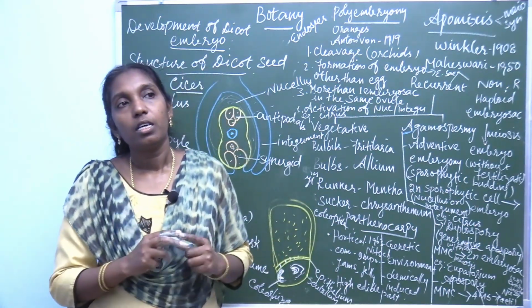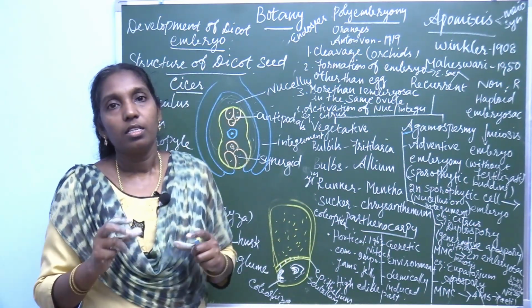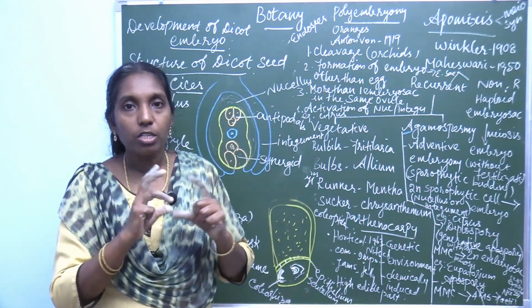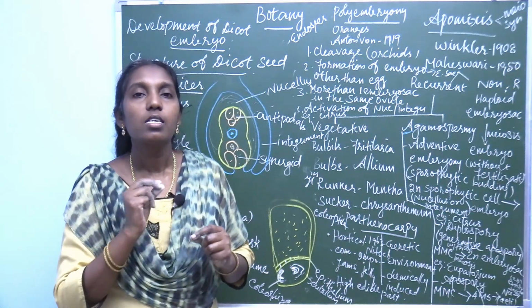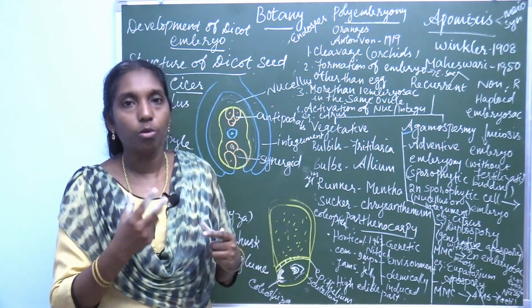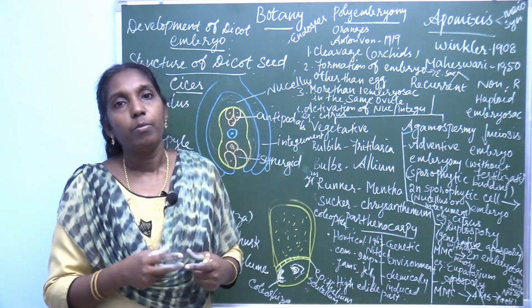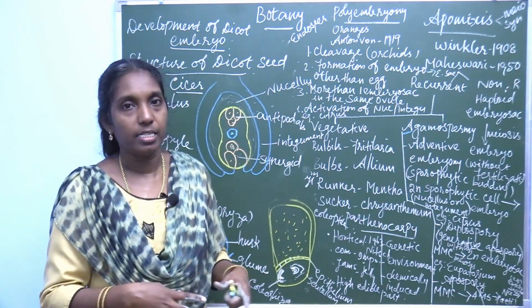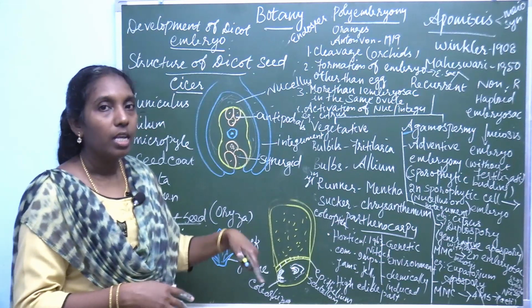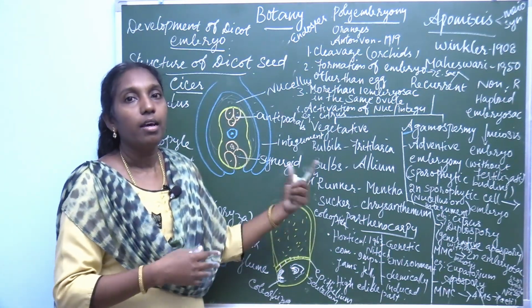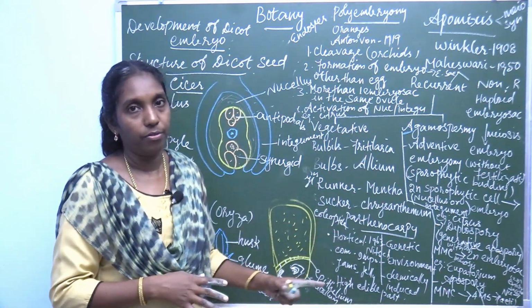In horticulture, parthenocarpic fruits are produced by applying chemicals or growth hormones in the form of auxins or gibberellins. In this method, they induce the development of seedless fruits.